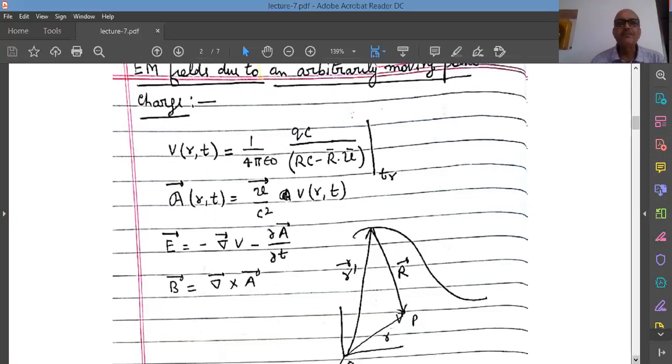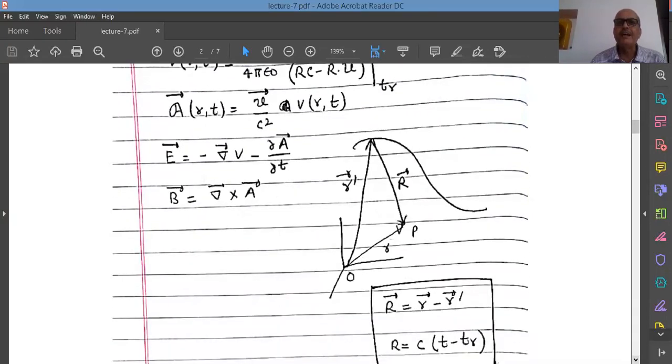So we have a charge that is moving with a velocity v, and it has a trajectory like this. This is the retarded position, and P is the point of observation or the field point. The radius vector of the point of observation P is r, and the position vector of the retarded position of the charged particle, when the electromagnetic signal was emitted by it, is r dash.